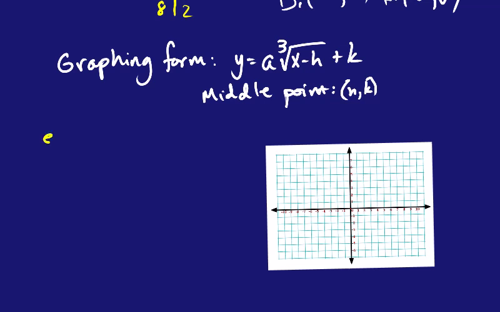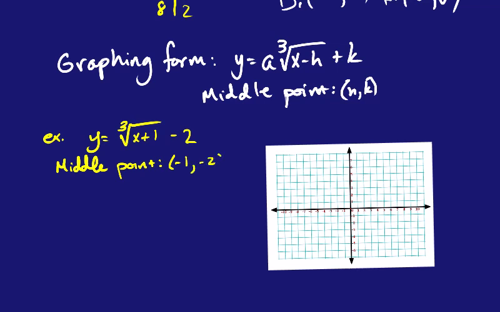Alright, so for this example, let's go with y equals the cube root of x plus 1, and then minus 2. The middle point is going to be -1, -2. We'll graph that, -1, -2. And then we want to get the 4 other points.